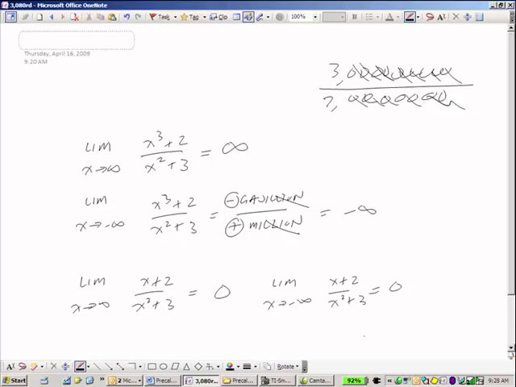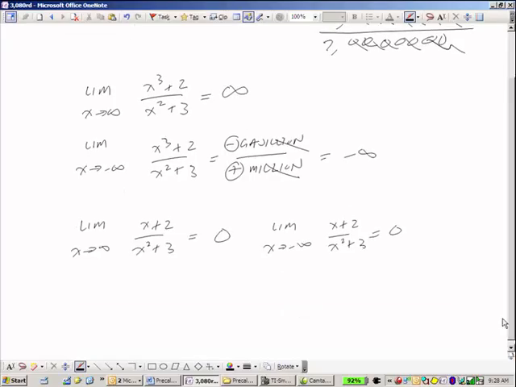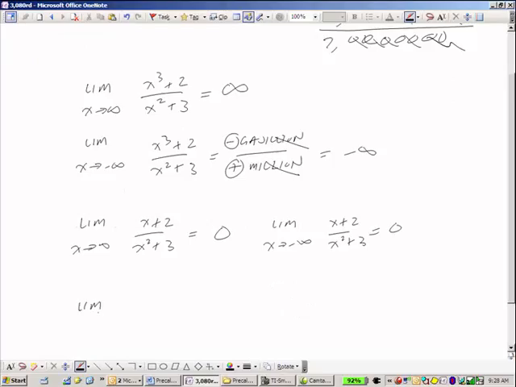And it ends up that anything that happens afterward doesn't really matter. Like the plus 2 doesn't matter. As a matter of fact, if I had 3x cubed plus 2x squared over 2x cubed, you might think that the 2x squared would be important. It's not.